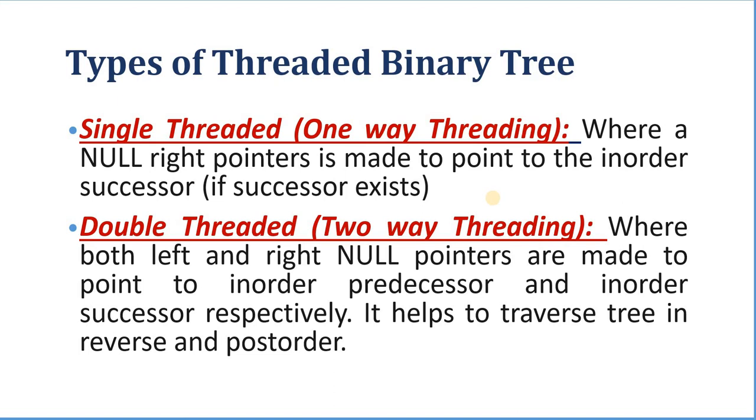Whereas in a double-threaded binary tree, both left and right null pointers point to the in-order predecessor and in-order successor respectively. It helps to traverse the tree in reverse and post-order way.